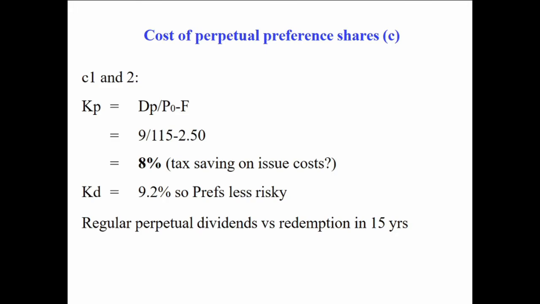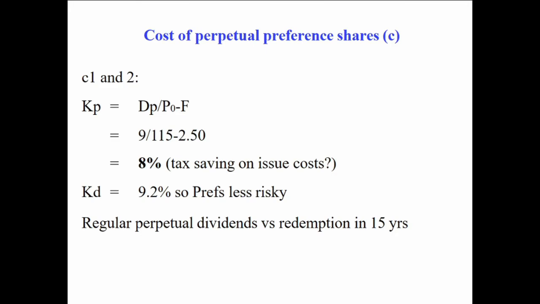New perpetual preference shares could be sold to the public at this price, but Davis would incur flotation costs of 2.50 Rand per share. So how will we determine the cost of preference shares in this situation? So here, similar to the previous example, we will take the dividend rate and we will divide it by the price of the preference share net of flotation costs.